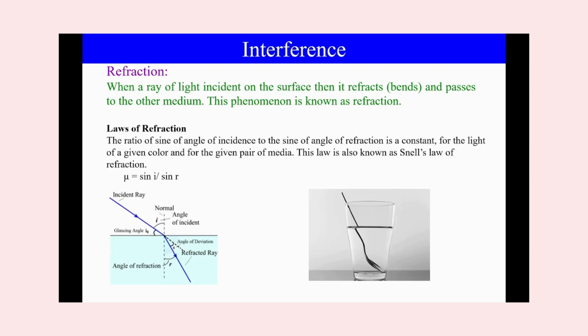The lower one is one medium, the upper one is another medium. When a ray of light coming from one medium passes into the other medium, this incident ray bends into another direction. This line is called the normal. With reference to the normal, we measure the angle of incidence and the angle of refraction. This bending of incident light is called refraction.